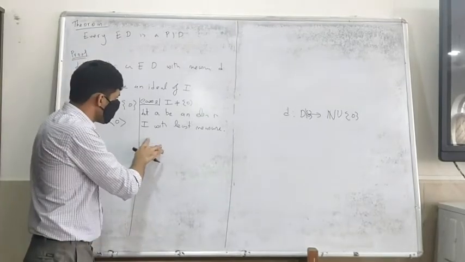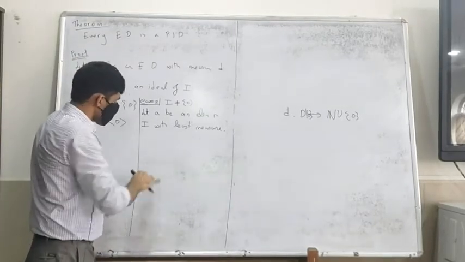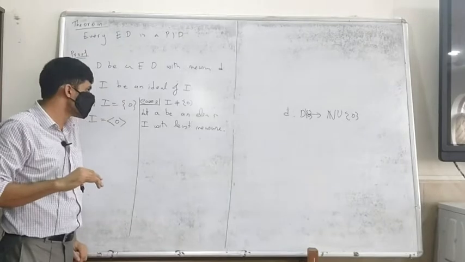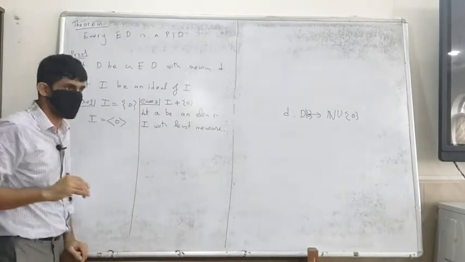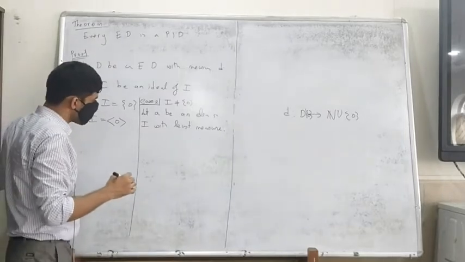So if you take A in I with least measure, what I want to show is that I is generated by A. How do I show it's generated by A?